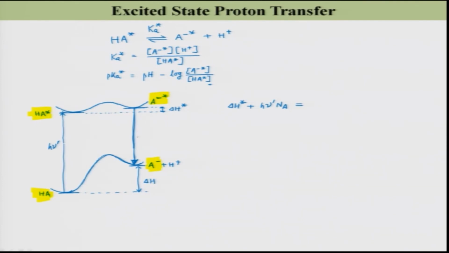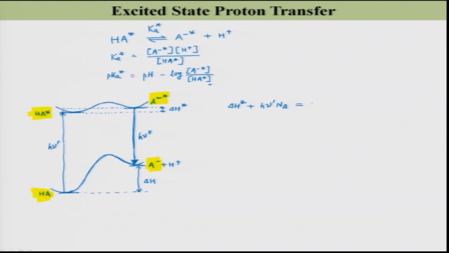if this emission is H nu double prime, then Avogadro number times H nu double prime, that is the energy from here to here plus here to here, this is equal to here to here plus here to here. So, to make it more understandable, let me draw this line also, right.